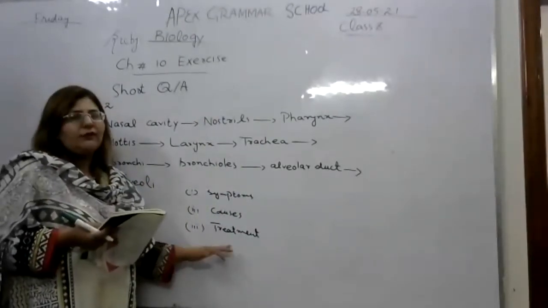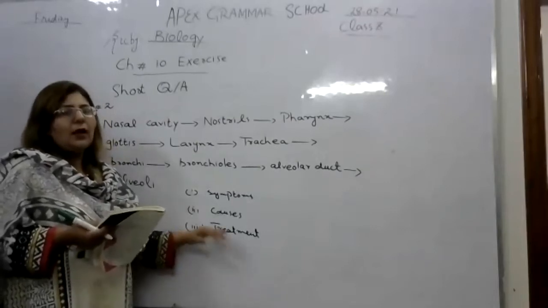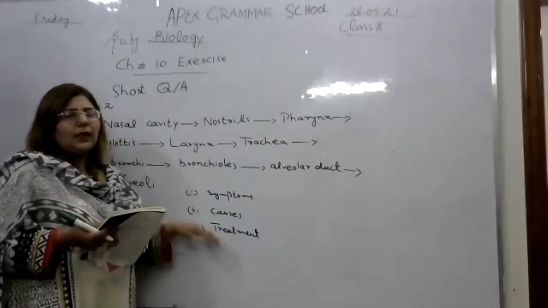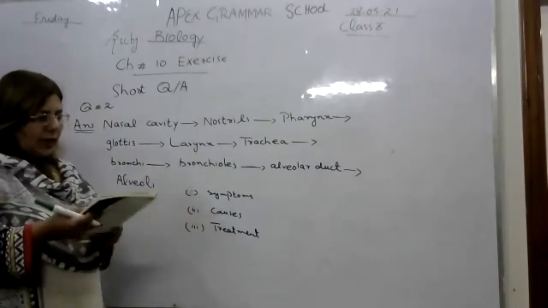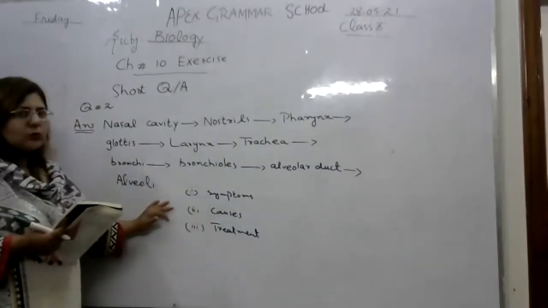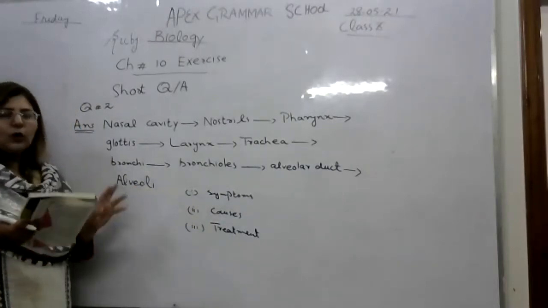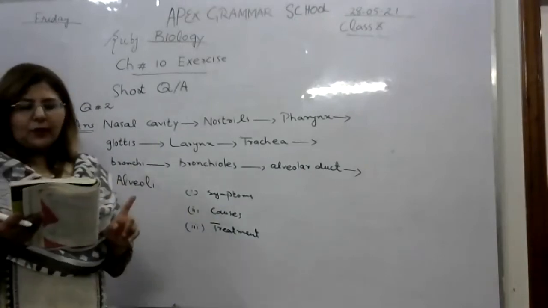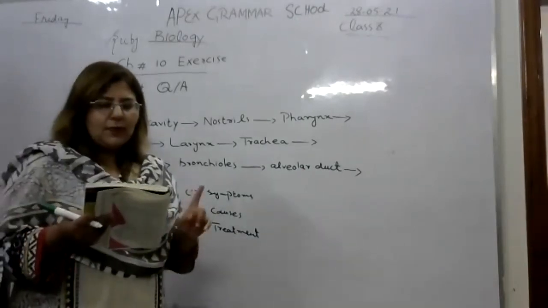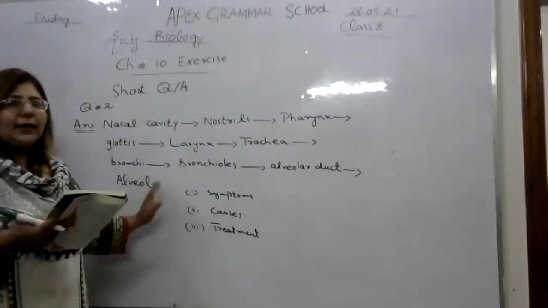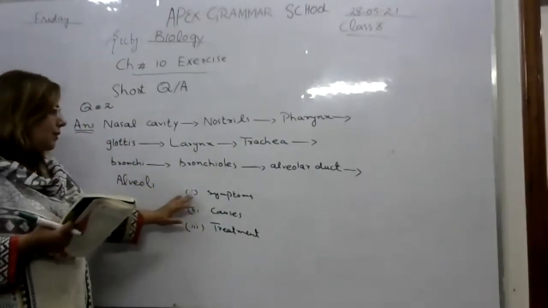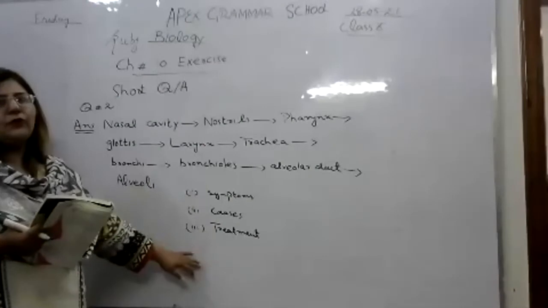Different antibiotics and vaccines are present in the market. The patient can take this medicine and improve towards remission. Okay. So when you attempt this question, you have to attempt only 3 diseases, 3 respiratory illnesses: bronchitis, emphysema, and pneumonia. And under the heading of these topics, you have to write about symptoms, causes, and treatment.